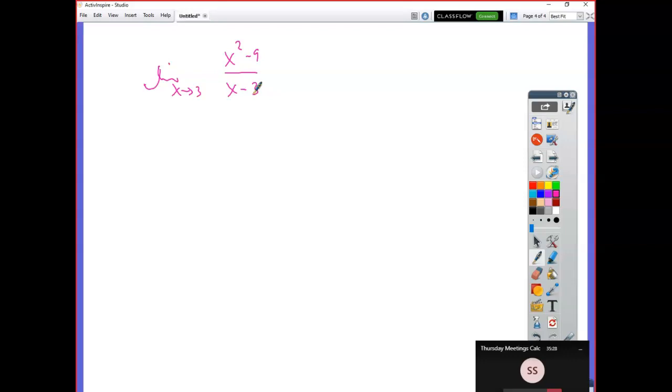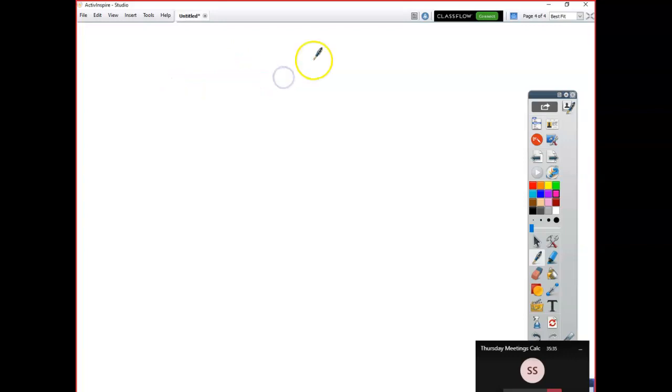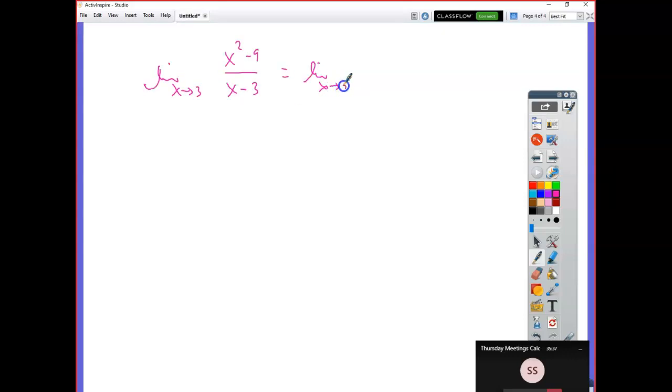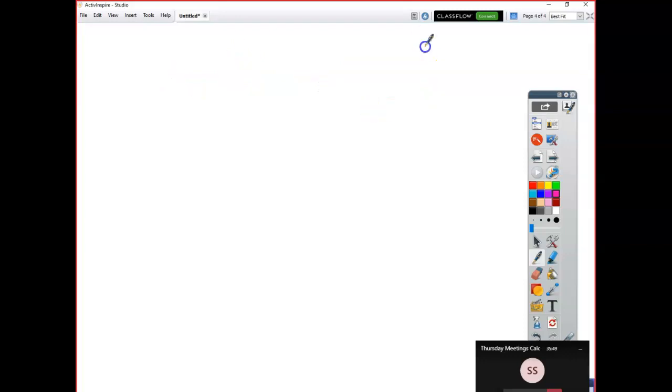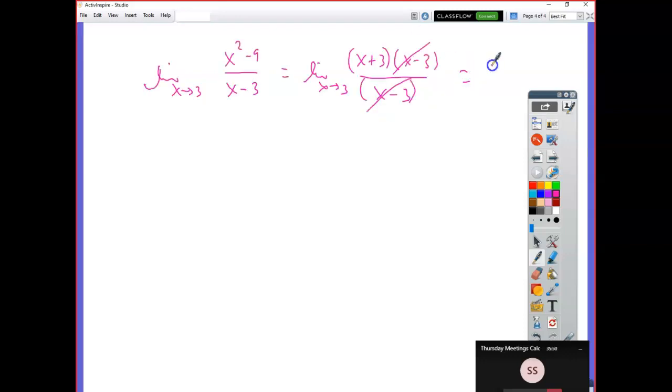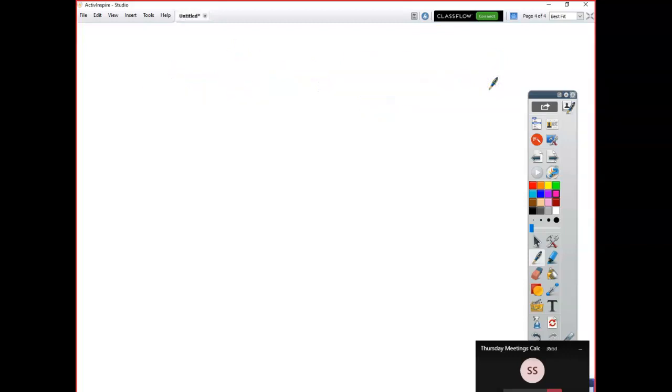Be really loud because they got to hear you. Go ahead. Factor into x minus 3 times x plus 3. It's difference of perfect squares. There you go. Anything cancel out? Yeah. And if I plug in a 3, what do I get? That's it.